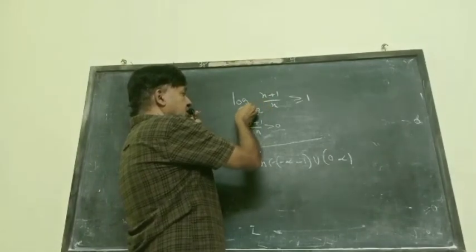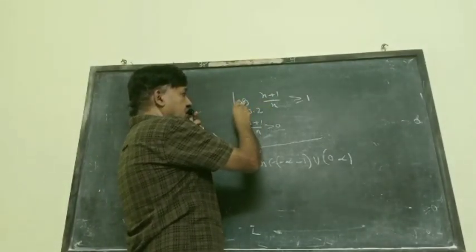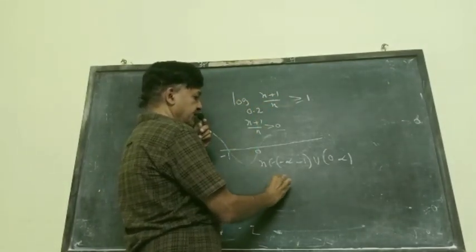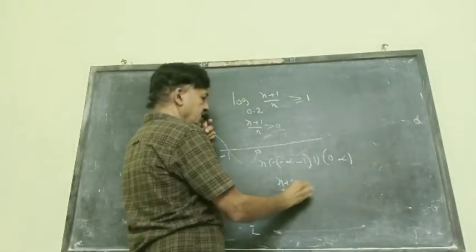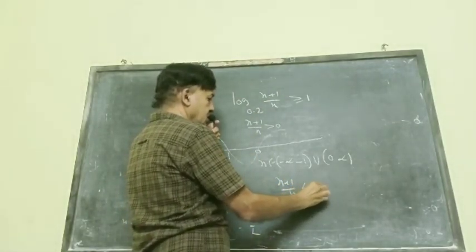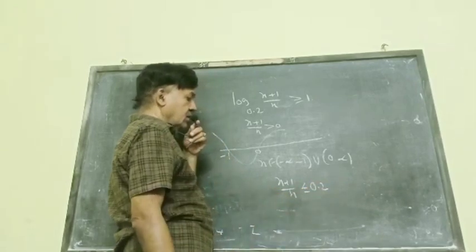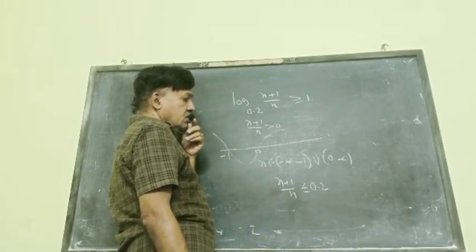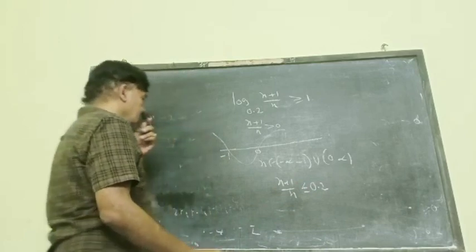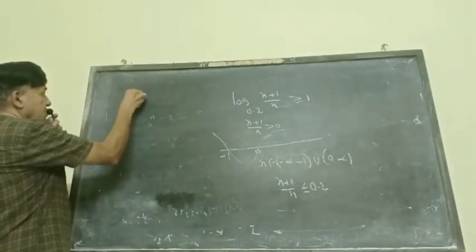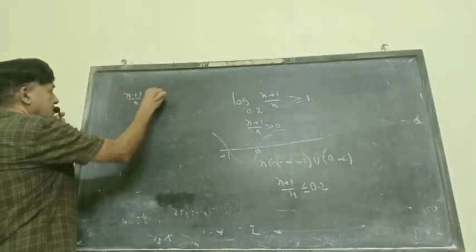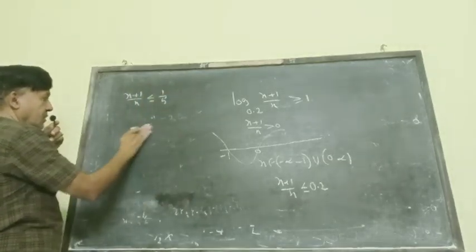Since logarithmic base is a fraction, if I remove log, inequality will reverse. So x plus 1 by x less than or equal to 0.2. 0.2 means what? 2 by 10 means 1 by 5. So you will get x plus 1 by x less than or equal to 1 by 5.